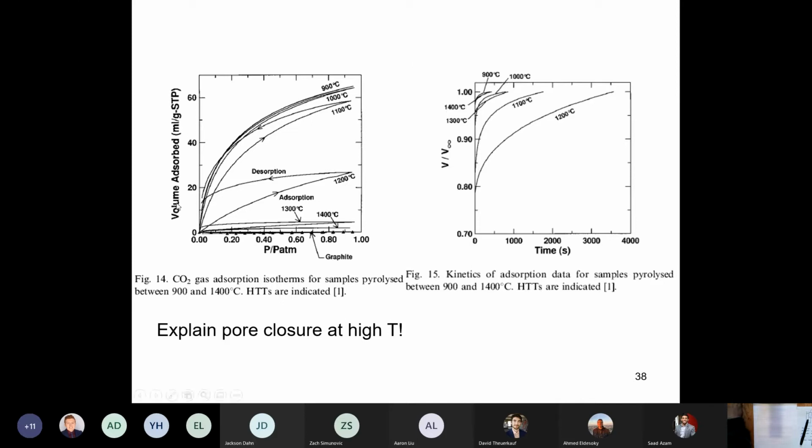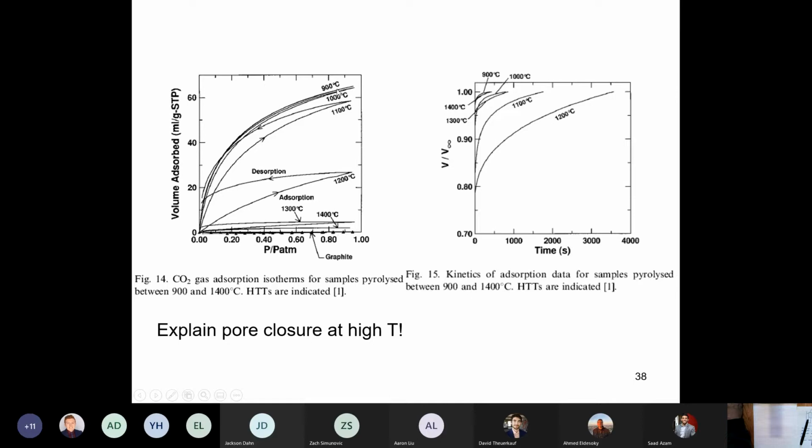So here's another interesting observation about these sugar carbons heated from 900 to 1400 degrees C. This figure on the left shows how much carbon dioxide can be absorbed into the sample as a function of the partial pressure of carbon dioxide, from vacuum up to 1 atmosphere partial pressure. This measurement's done at room temperature.